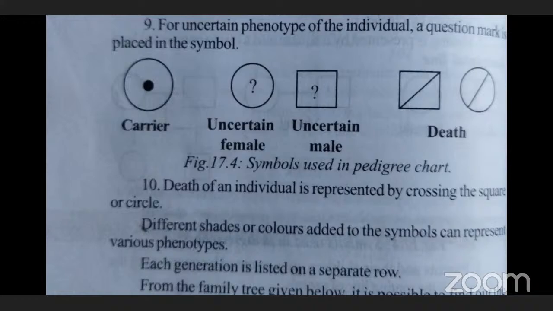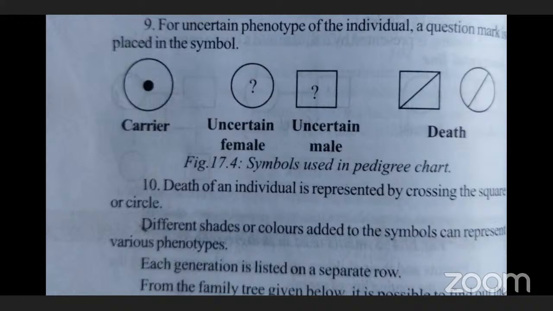A question mark means the symbol indicates an uncertain phenotype of the individual. Similarly, a question mark in the center of the square box means an uncertain male.